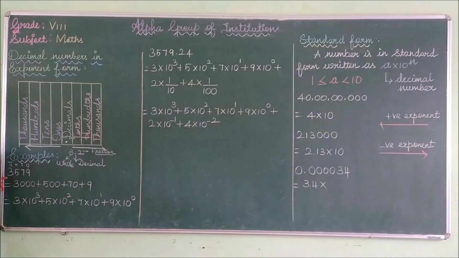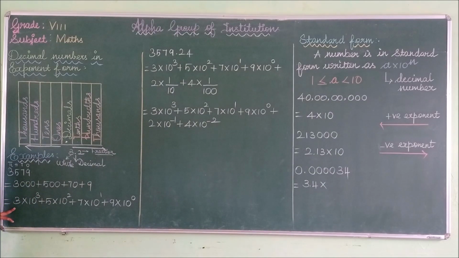So listen carefully. This 3,579 can be split and written as 3,000, this is the 1,000 place, plus the next term in the 100 place, 500, plus the next 7 in the tens place, 70, plus the last one in the ones place. You can write it as it is.